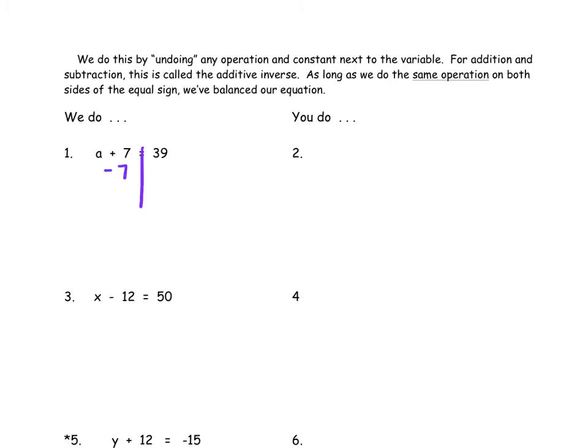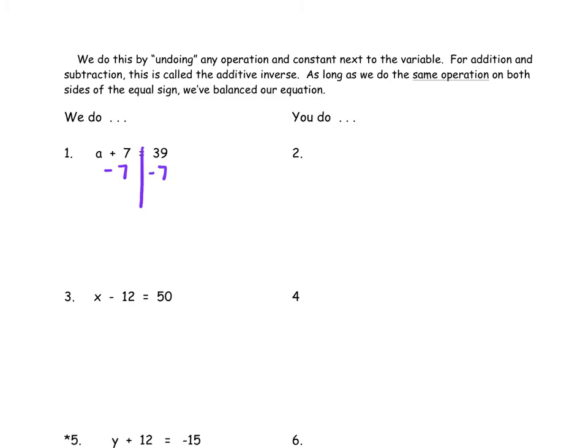So I'm going to write that. But whatever I do on the left side, I must do that same thing on the right side. So in this way, we balance the equation. What is done on this side is done on this side of the equal sign. And we put the line down to remind us that's what we have to balance. We have to have the same thing on both sides.